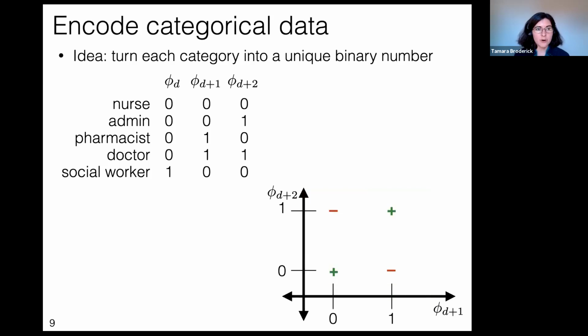Okay, but I could totally imagine, it's totally plausible, that maybe 0, 0, the nurse, say, and 1, 1, the doctor, have a lot of predictive power in common. Maybe they tend to suffer heart disease more. At least this seems plausible a priori, before we've learned anything. It's something we want to say is possible. And it's possible that the admin and the pharmacist maybe don't have heart disease.